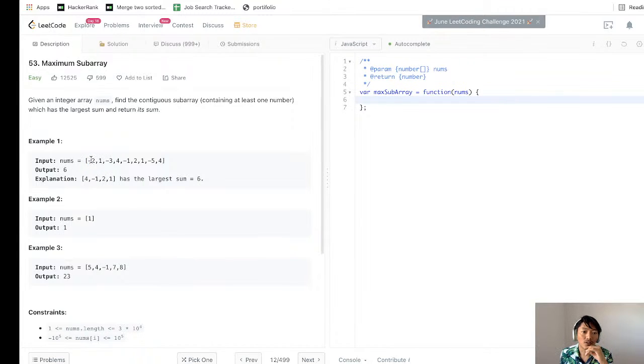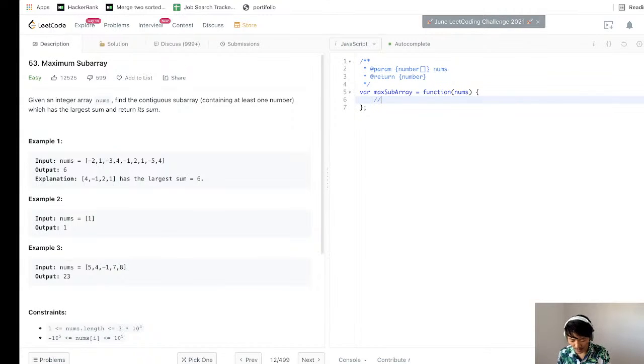So it's like 2 and 1, and 3 and 4, and 2, -2, 4. These are contiguous subarrays, consecutive elements of an array. So let's start with some brute force.